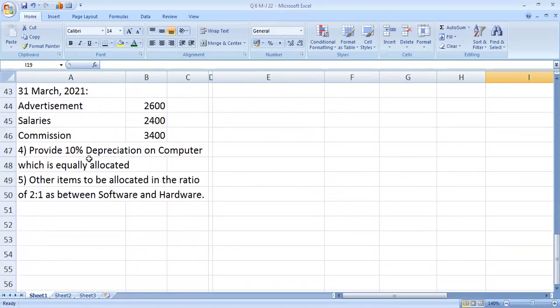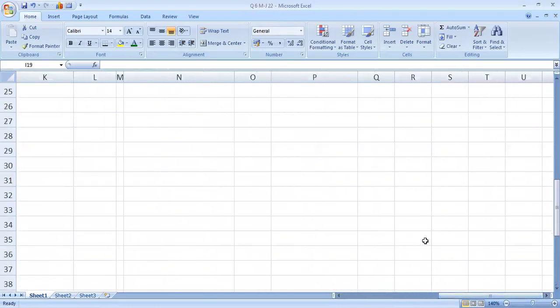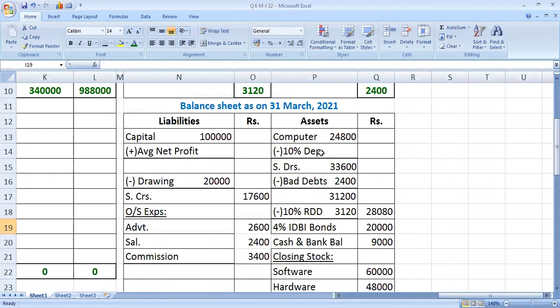Now adjustment number 4. Provide 10% depreciation on computer which is equally allocated. 10% depreciation calculated on the computer, balance sheet asset side 2,480. 24,800 minus 2,480 equal to 22,320.